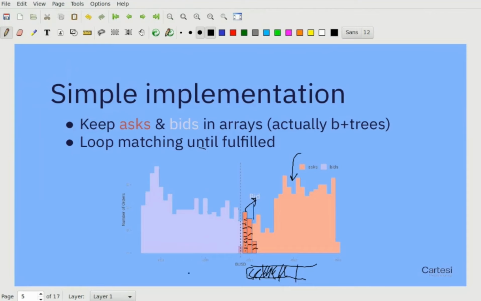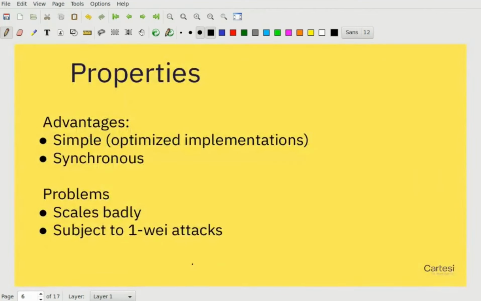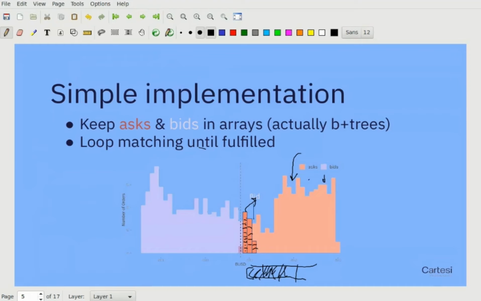This is an advantage. The problem that comes is, okay, it scales linearly with the number of matches you're going to do. So, imagine that someone makes a bid very high up here, and there are lots and lots of asks building this volume. You have to look through all that. So this harms scalability.